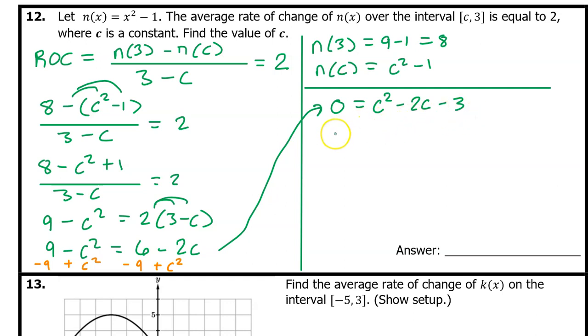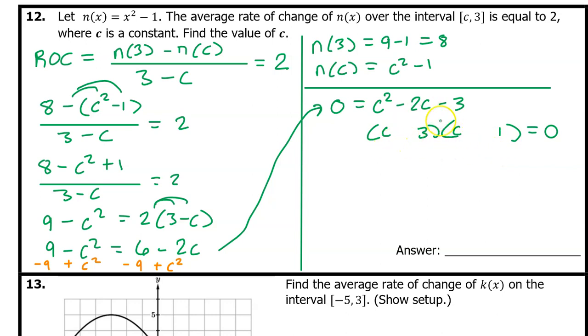This is going to be factorable, so let's go ahead and factor this. While I'm at it, I would prefer to have the 0 on the right-hand side for aesthetic reasons. When we factor this, c squared can only factor as c times c, and 3 can only factor as 3 times 1.